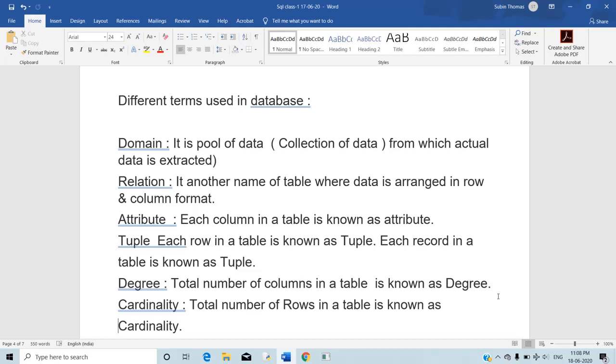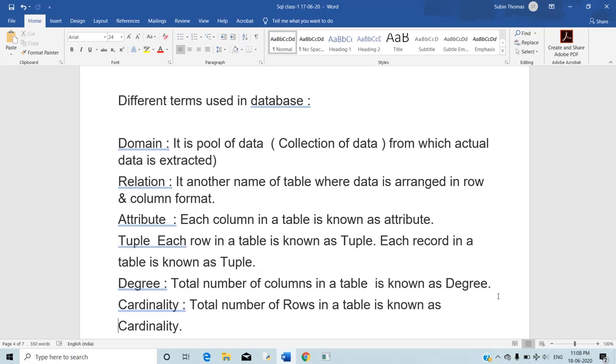Next term is relation. Relation means it is another name of table where data is arranged in row and column format. You are storing the data in the form of rows and columns. Third one is attribute.